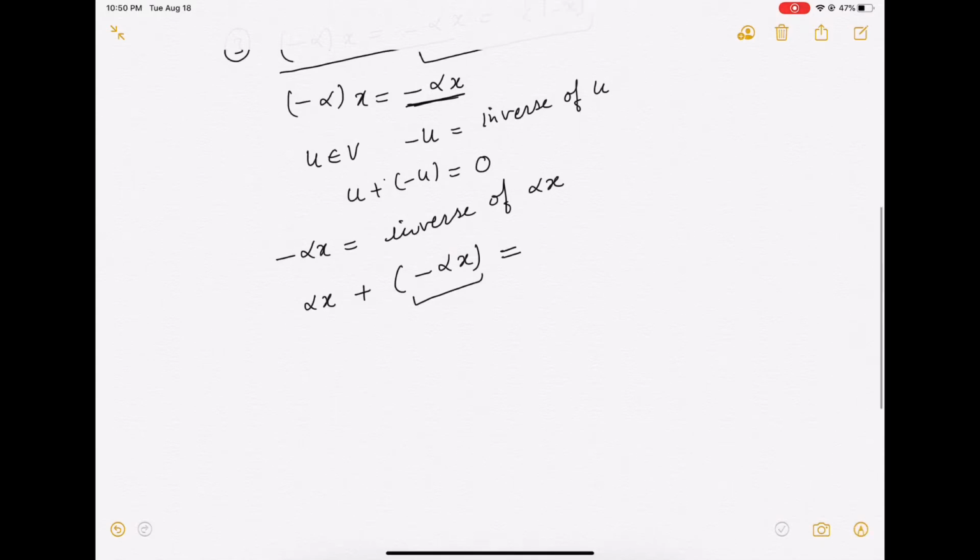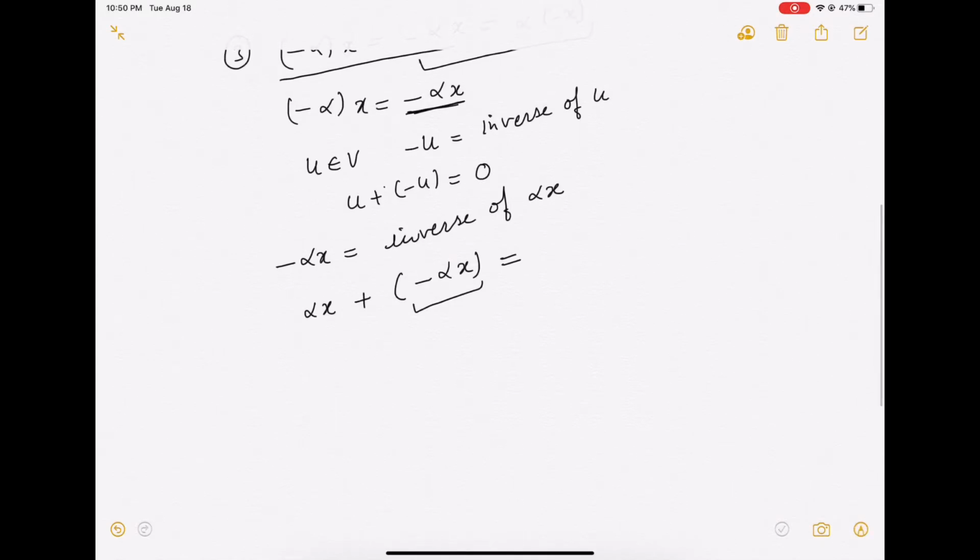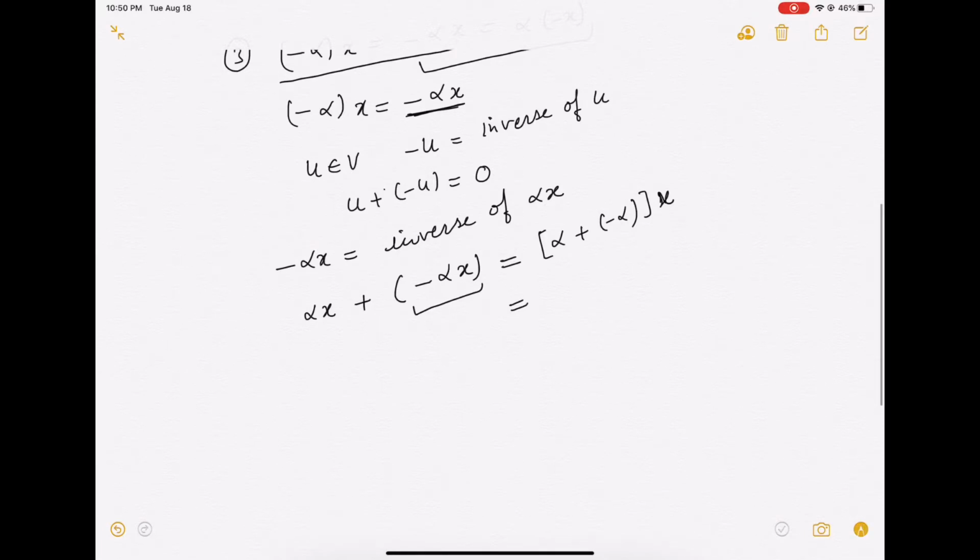So let us see what happened. Here we again make use of distribution property. This is equal to alpha plus minus alpha into x, and this is a scalar quantity alpha and this is minus alpha. Then by the property of the field, alpha plus minus alpha gives you 0 into x.